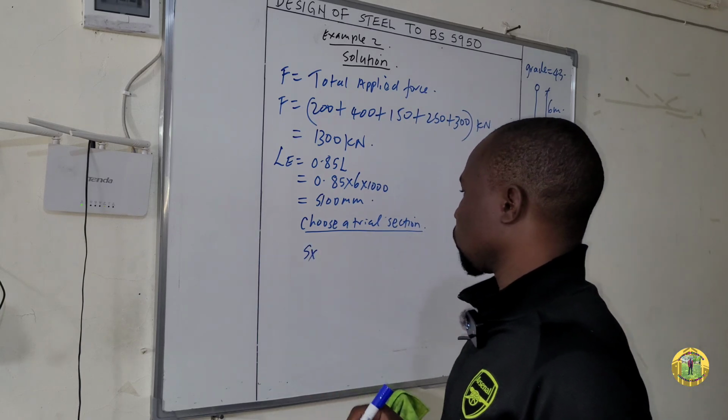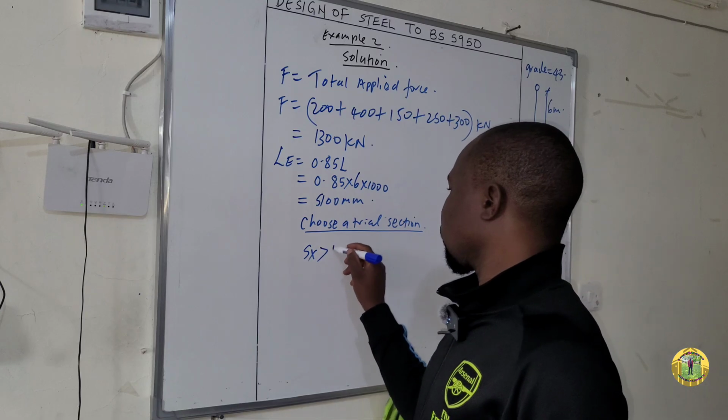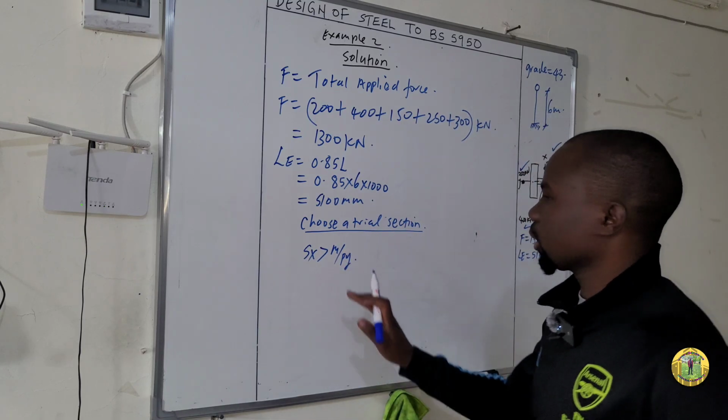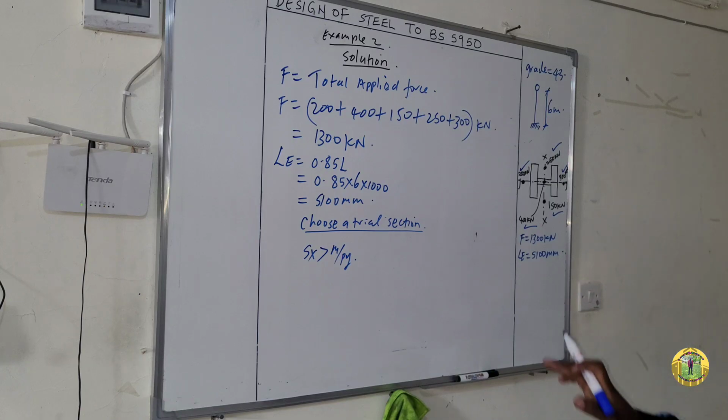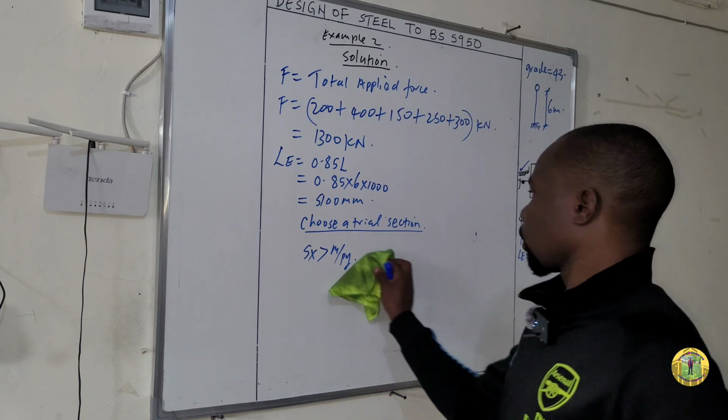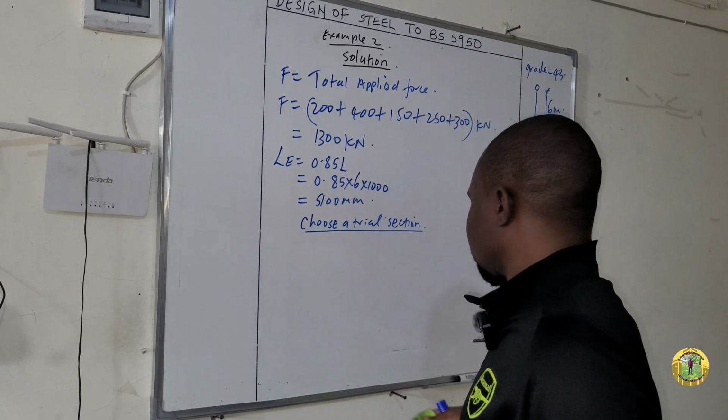This is the plastic modulus, which must be greater than M over py. But for this case, we don't have M. So what will guide you is the flange thickness.